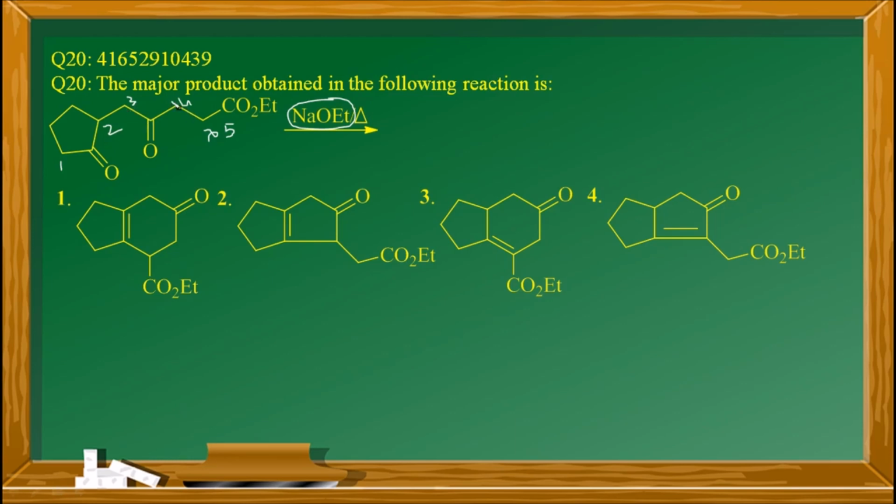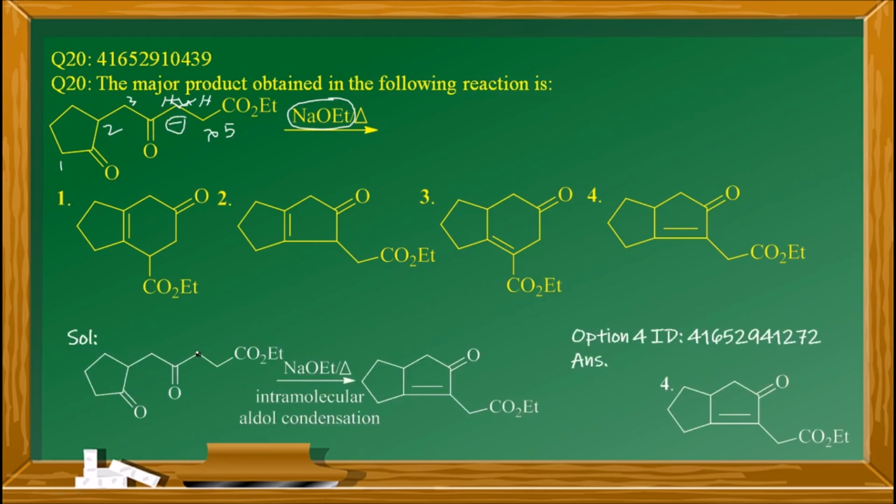So this is the center where we can abstract the proton with sodium methoxide to give an anion. It is going to form here. There will be 2 hydrogens. It is very simple, friends. Sodium methoxide will take out this hydrogen, and this bond moves here.